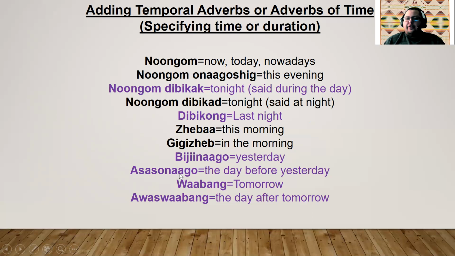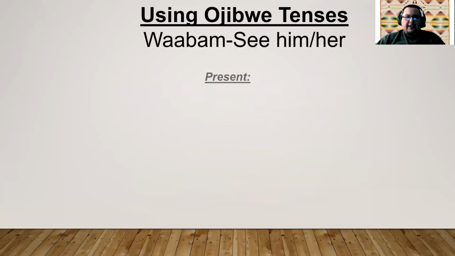Awasanago, the day before yesterday. Wabang, tomorrow. Awaswabang, the day after tomorrow. Okay, so we're going to add these words into our tenses that we worked on in lessons number 20 and 21. Okay, so getting started using wabam, present tense.